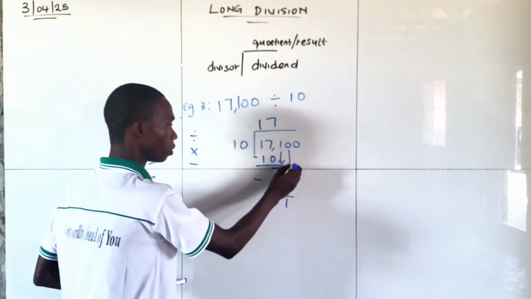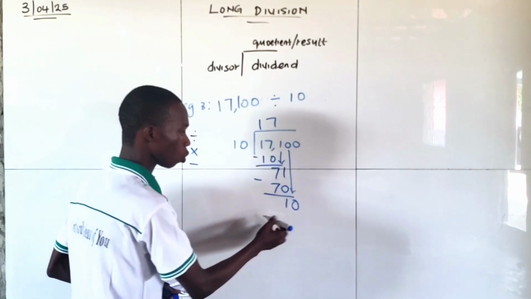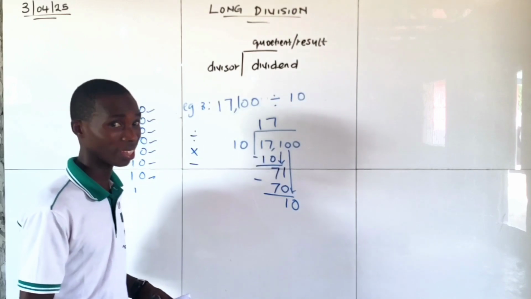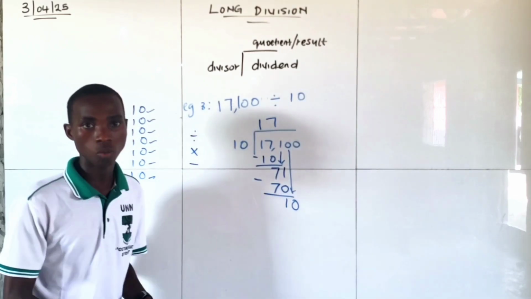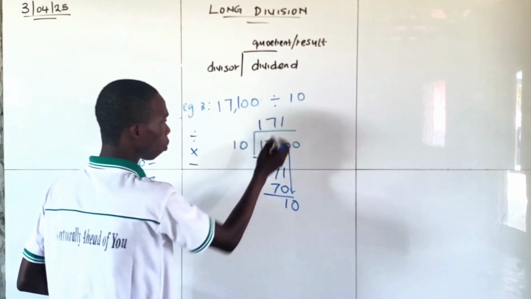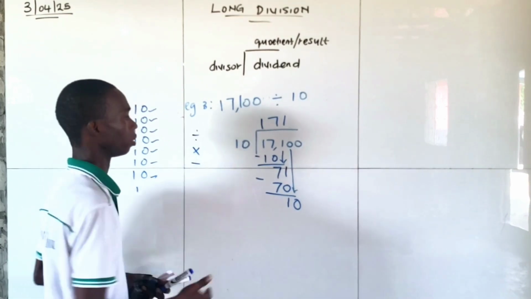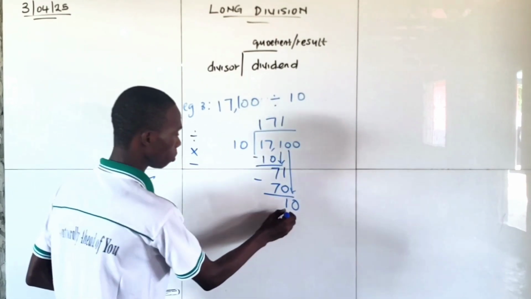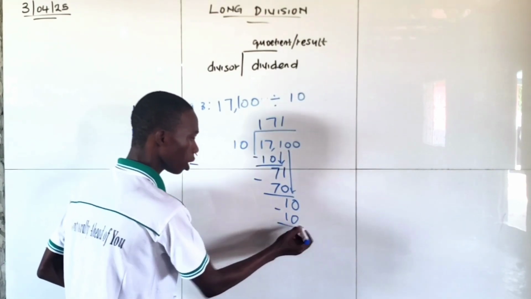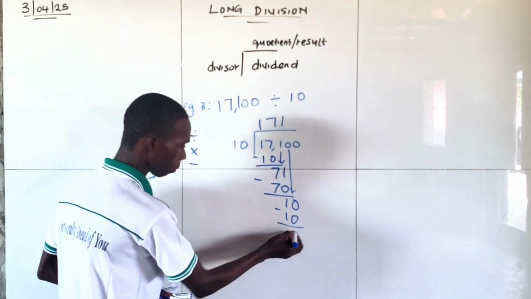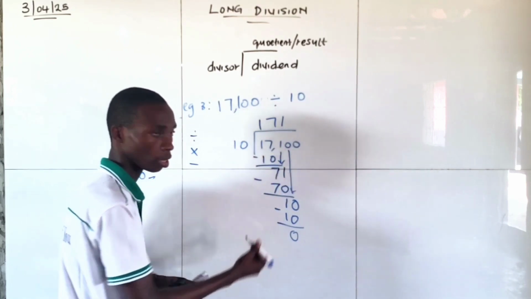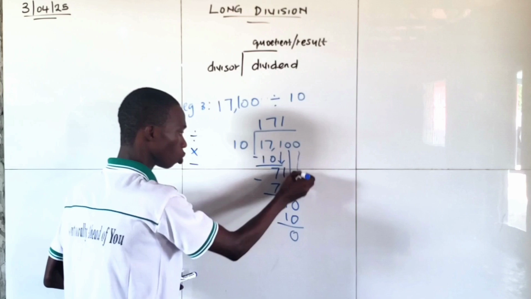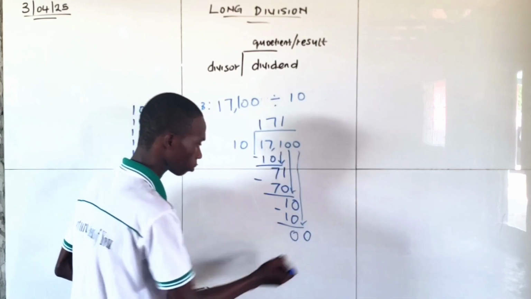So let's still bring down 0 here, to add to this to make 10. So 10 divided by 10 will give us just 1. Bring your 1 here. And then 1 times 10 will give us 10. You bring your 10 under this 10 and you minus it. 10 minus 10 will give us just 0. And then the next number here is 0. So you just bring down your 0.